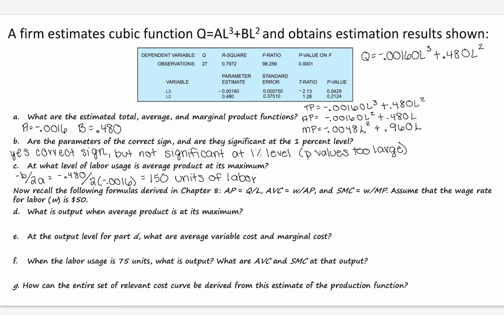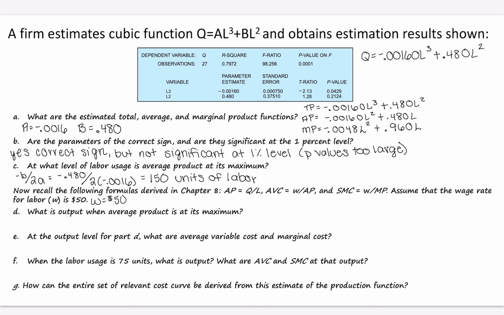And then it gives us some formulas that were derived in Chapter 8. Assume that the wage rate for labor is $50. What is output when average product is at its maximum?